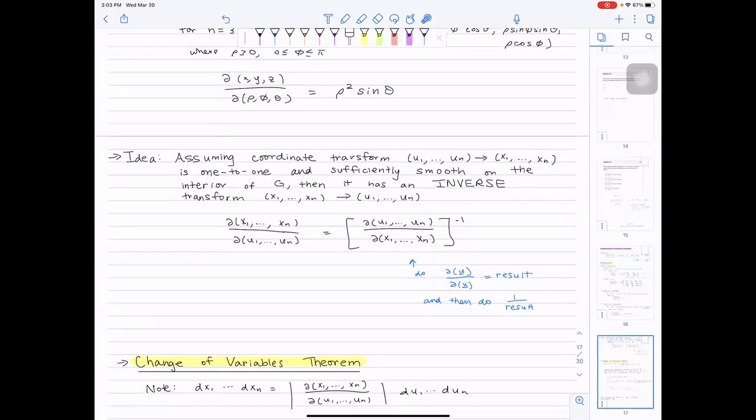If you are given two equations, like u equals something, v equals something, computing this matrix makes more sense, because you write u with respect to x, u with respect to y, v with respect to x, v with respect to y. We can compute that, but the question might ask you to actually find the other matrix. So instead you can do that, and then take the inverse of it to find what you actually need.